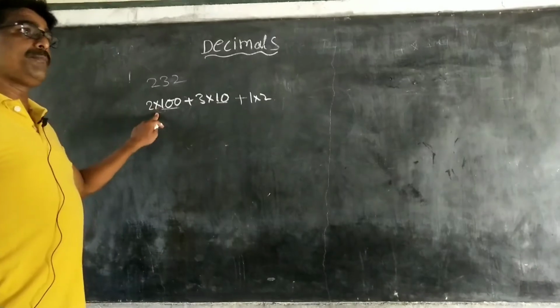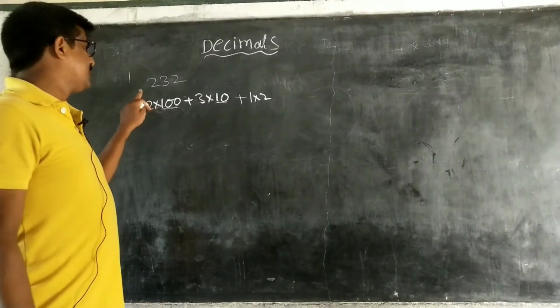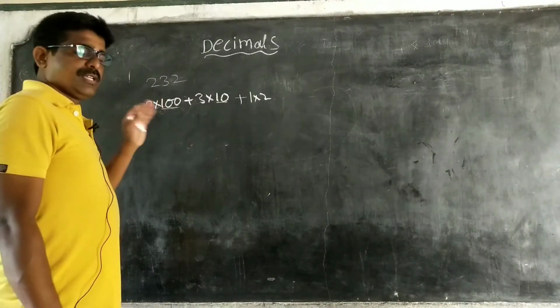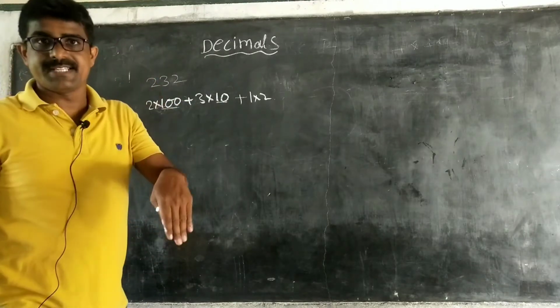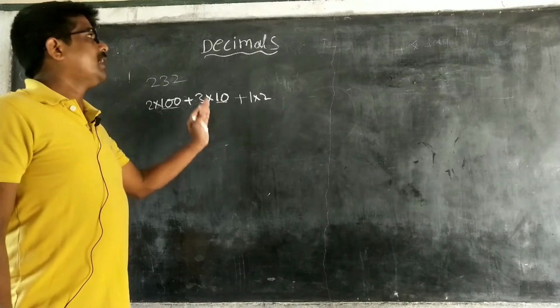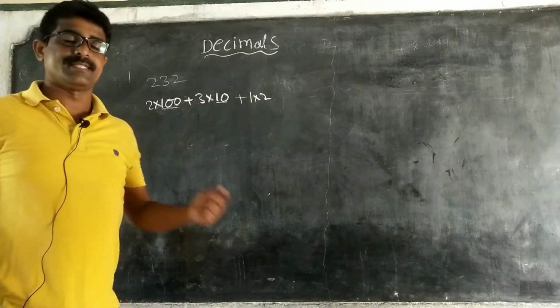So if we are multiplying, we multiply with 100, 10, 1000, 10,000, whatever number. But if we are dividing, then automatically that is a decimal.